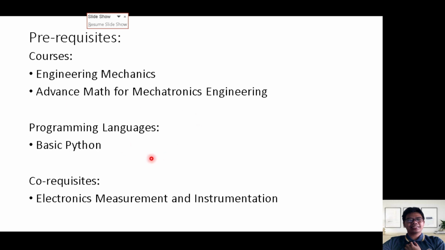This is the course that complements our robotics journey, providing you with a more holistic understanding. As robots often involve sensors, actuators, and electronic components, having a grasp of electronics measurement and instrumentation will enrich your understanding.